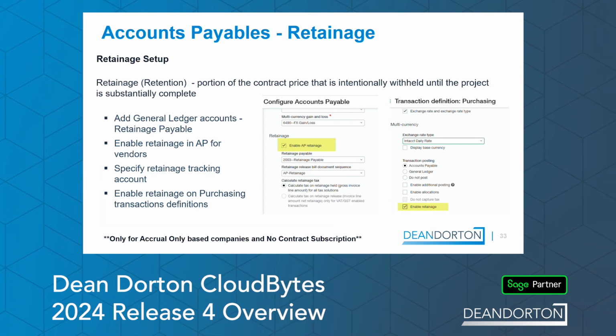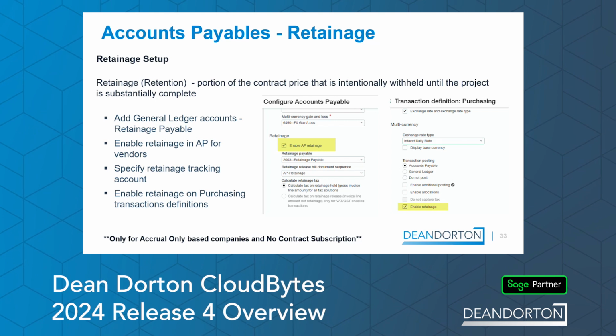Accounts payable retainage, a portion of the contract intentionally withheld until the project is substantially complete. Add your GL accounts, enable it in AP, specify the retainage tracking accounts, and then enable retainage on purchasing transaction definitions as well if you need to do that.